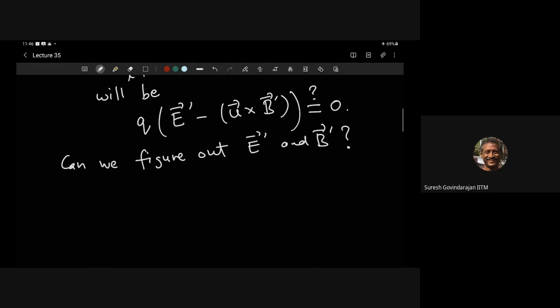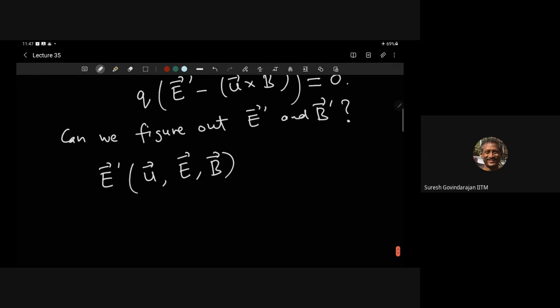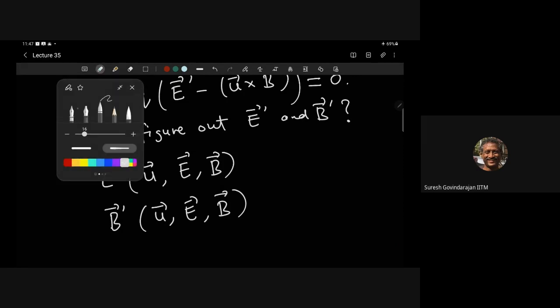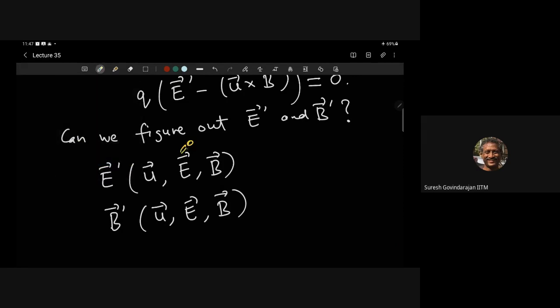So what we will do is assume that E prime should be writable as some function of U, E. In general, if there were electric fields also non-zero, E and B, and B prime should also be some function of E and B. We should be able to write it. Okay. Further, of course, I want to say this is 0 in our example now. E is 0 for us.